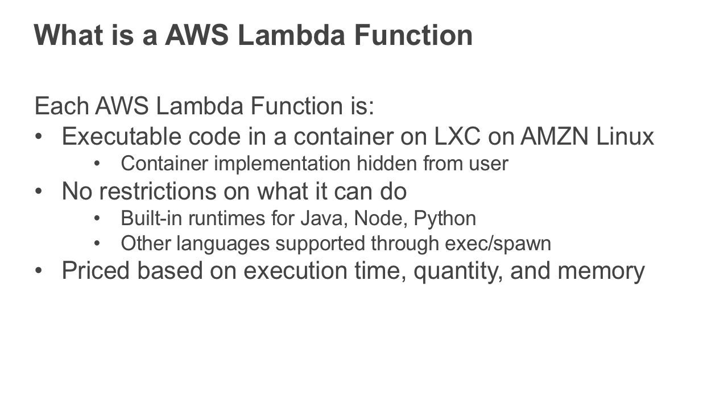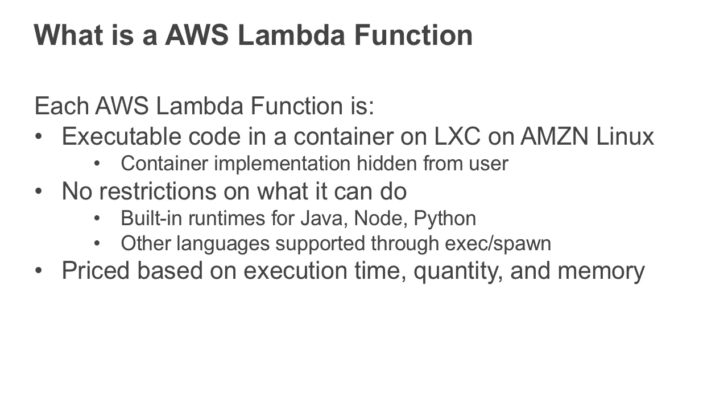So what is an AWS Lambda function? Well, every function is actually a bit of executable code that you've provided that's running on Linux containers, that's running on an Amazon Linux box. Now, you don't know how that Linux box is running. You don't know if it's an EC2 instance or a physical box. You don't even know what the container really looks like.